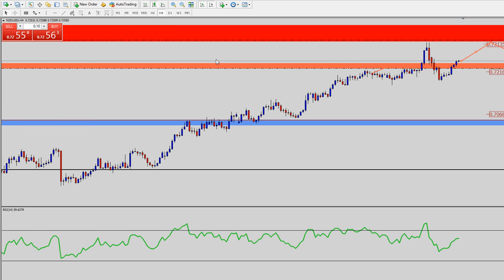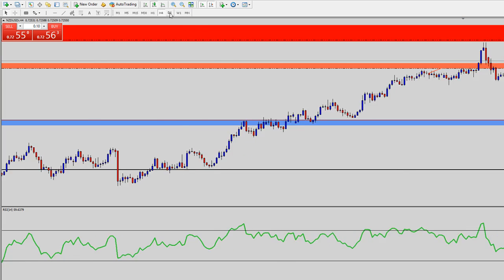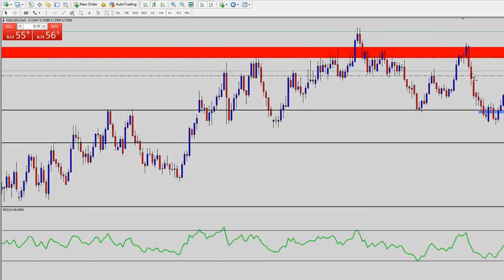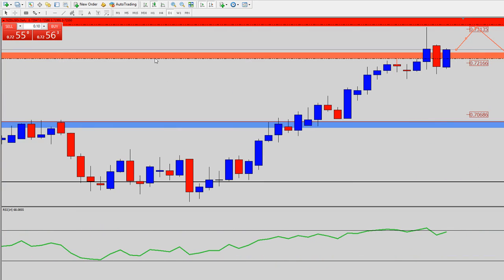Next we have New Zealand USD, and we're on a 4-hour chart. What we're looking for this week is a continuation up and a test to that 73.13 zone. The reason I'm highlighting that is that it held up as a great resistance in the past.